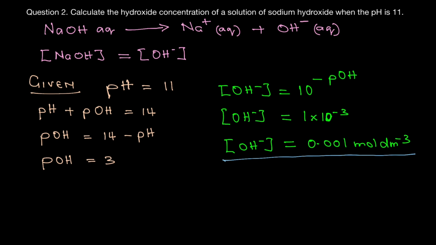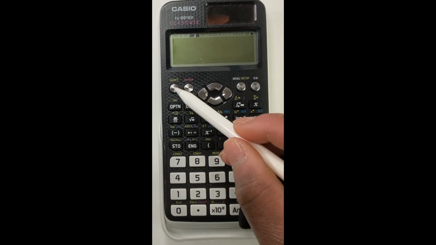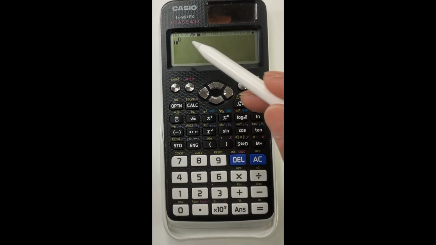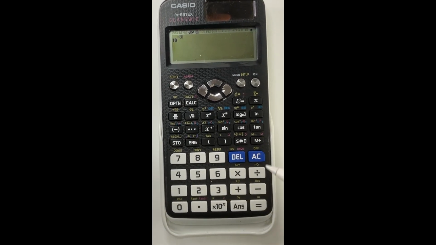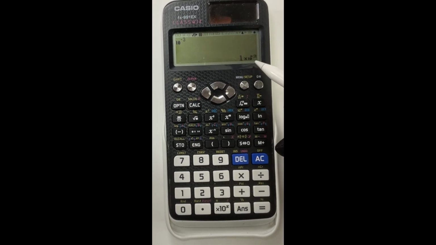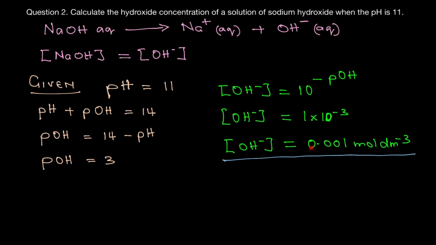If we replace the 3 here, we get OH minus concentration equals 1 times 10 to the power minus 3, and therefore equals 0.001 mole per decimeter cube.